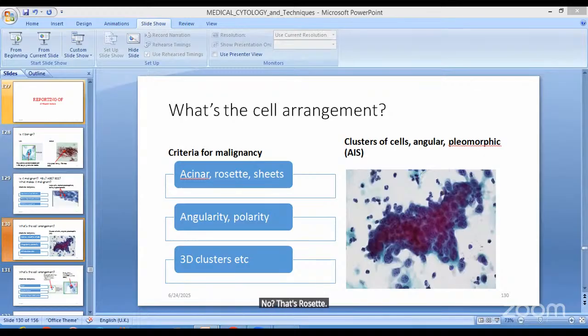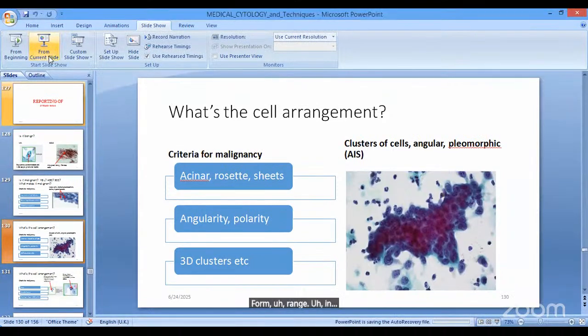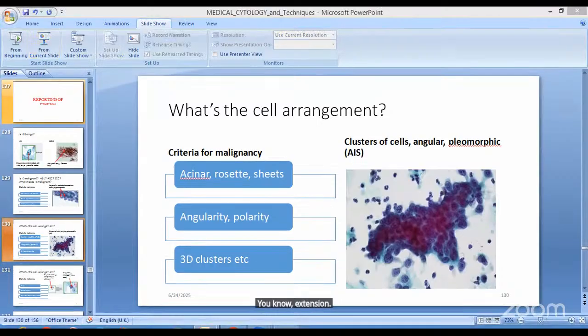Some are in sheets, like a honeycomb. Some are tall and show angularity, with a north pole, south pole extension. That's angularity. It's a feature of malignancy.